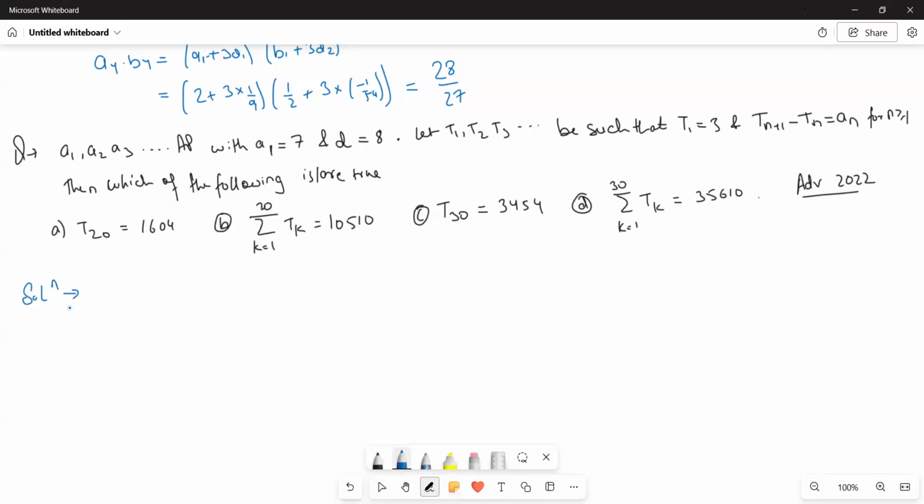Okay, so now the question would be solved in this way कि भाई अपने को तो Tn के लिए सॉल्व करना है, so let's directly focus on Tn. So Tn plus 1 is given to be Tn plus An. Okay, but Tn in turn क्या होगा?